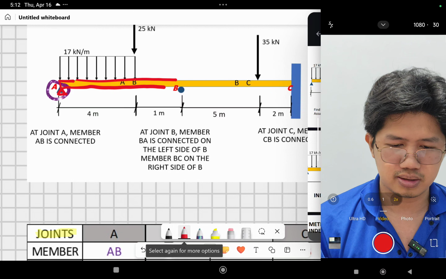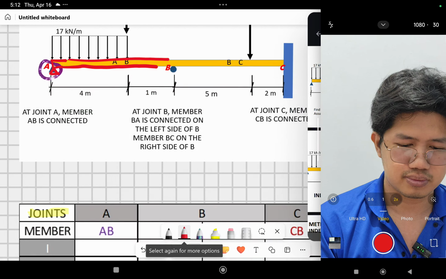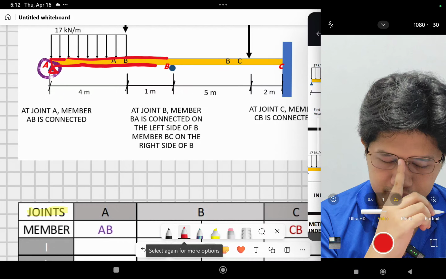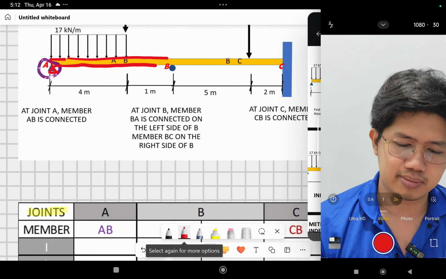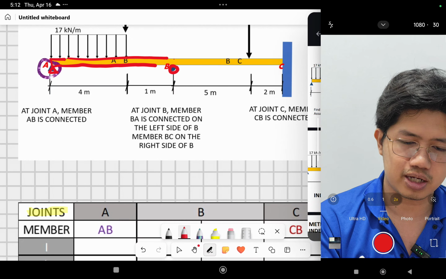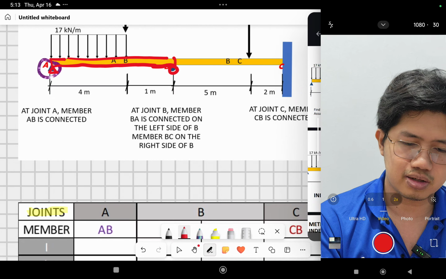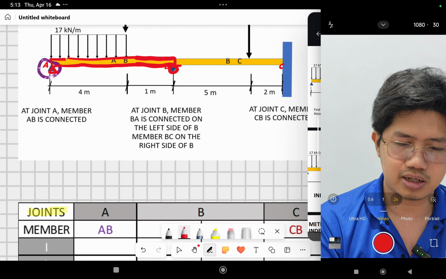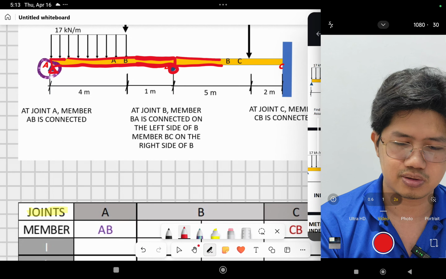Okay, so let's call that joint A. Yun yung connection point ng pin and ng una nating member. And at joint B, there is a roller na connected sa joint B, and then connected yung part na to, this part, and then this part also.